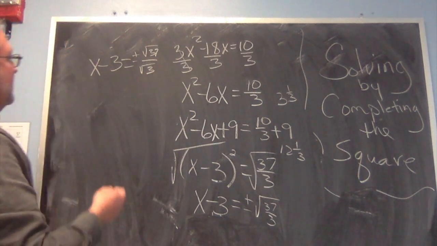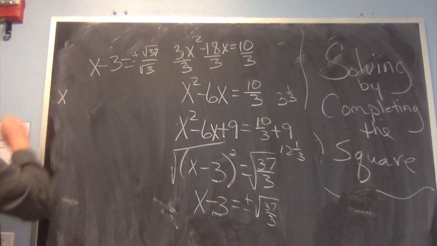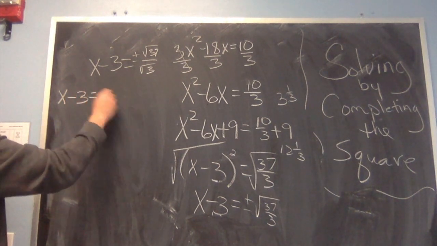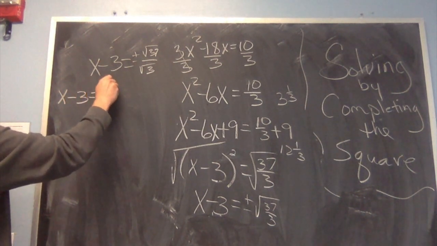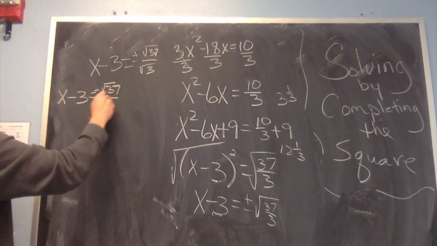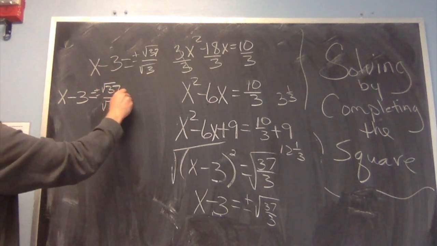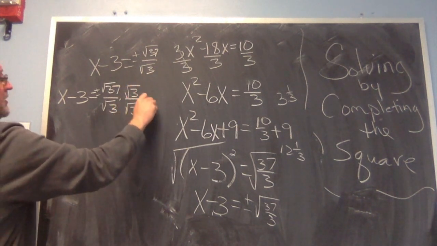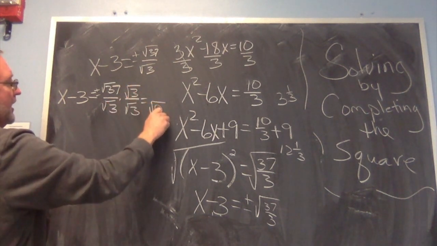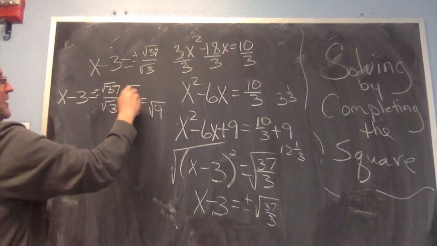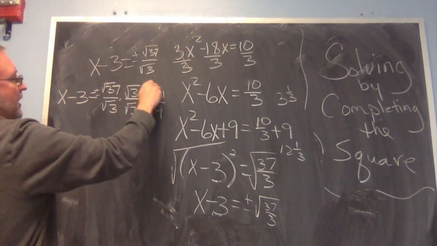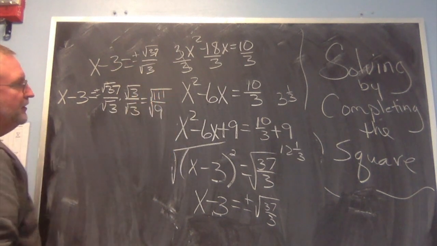So I'm going to rewrite it down here to get rid of it. I have x, you can see that? Yep. X minus 3 equals positive negative square root of 37 over square root of 3. I'm going to multiply it by the square root of 3, but do the same thing over here, which gives me the square root of 9 over 3 times 37. 3 times 37 is 111. Square root of 111.